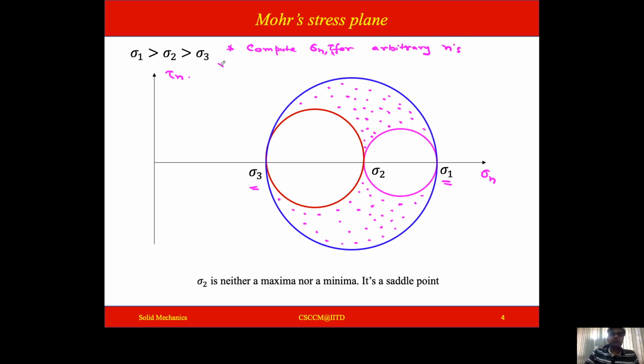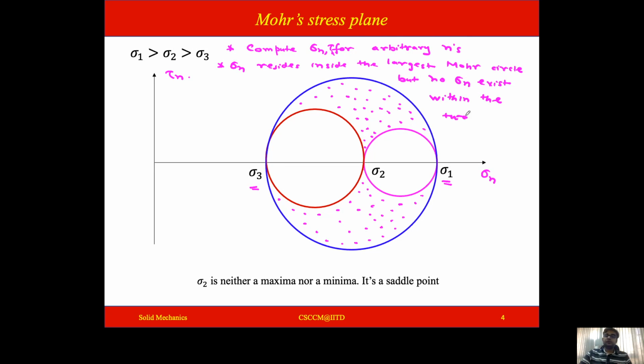We can say that sigma n resides inside the largest Mohr circle, but no sigma n exists within the two smaller Mohr circles.